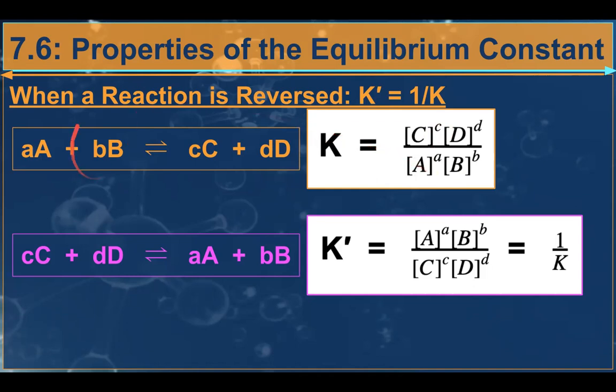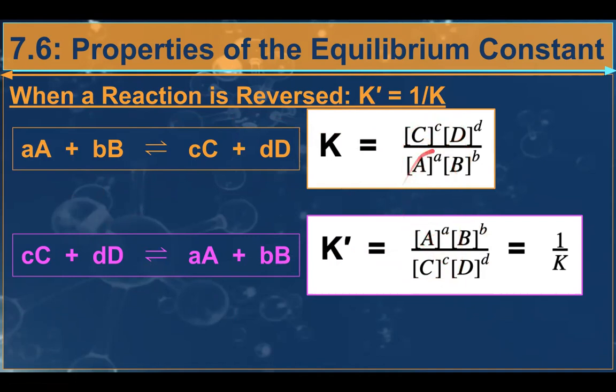So let's say that we reverse this reaction. Now we have C and D on this side, A and B on the other side. We're going to do the same thing that we did up there. A and B are our products now, so they're in the numerator. C and D are reactants now, so they're in the denominator. And this is just this flipped.